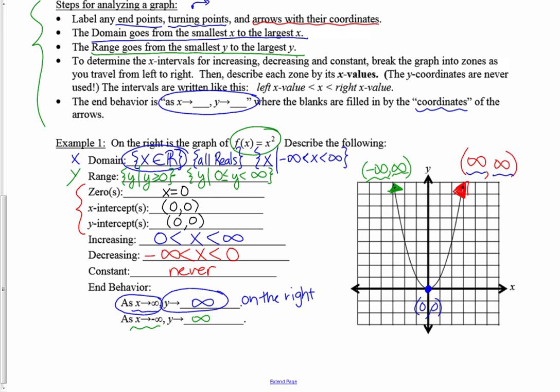Y goes to infinity means up. So it is up. Then I have my second part as x approaches negative infinity. X is negative on the left. So this one's saying on the left, and for our second part, we have y approaches infinity. If y's are positive, that means they are up. So on the left, it is up.